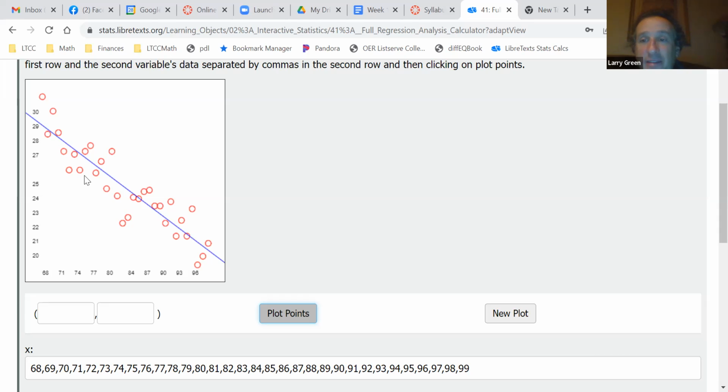Do you see a trend? Are these points all over the place? Or do you see that there's been a trend over the years? What do you think? Do you see a trend?